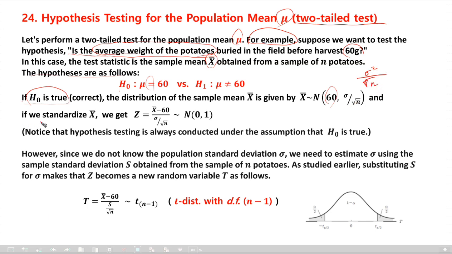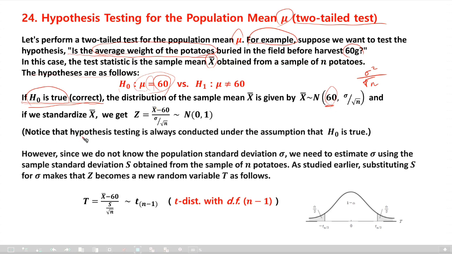And if we standardize x bar, we get Z equal to x bar minus 60 over sigma over square root n, which has a normal distribution with mean 0, variance 1, right? If H0 is true, we take the value 60 as its mean, so here 60 is included.